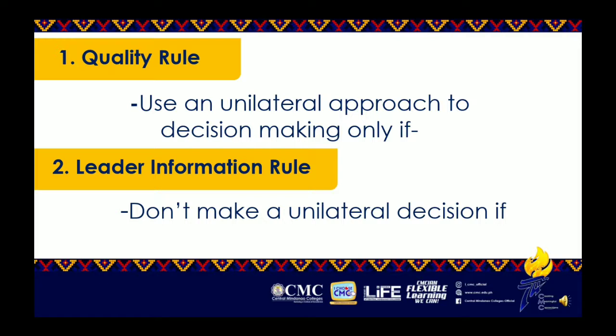Next is the leader information rule. Don't make a unilateral decision if the quality of the decision is important and you don't possess sufficient information and expertise to solve the problem alone. So this applies if the leader himself or herself is not knowledgeable enough to make decisions.